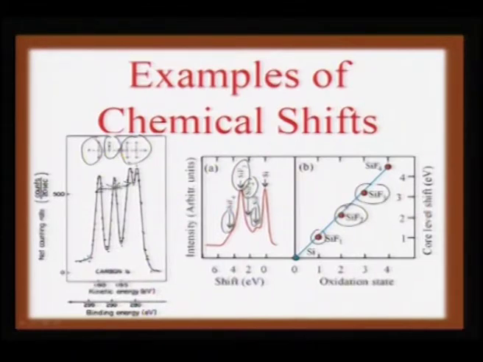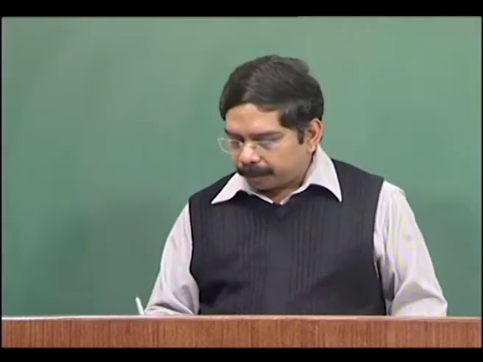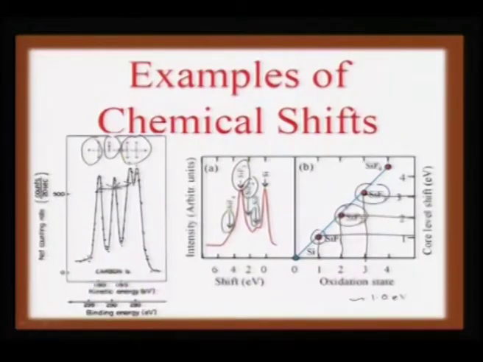So, if you make a comparison between the core-level shift and the oxidation state, it is actually linear, and as you would see here, for each oxidation state the increase in the core-level shift is of the order of 1 electron volt. So, roughly we can take to heart that for every oxidation state the jump would be approximately 1 electron volt.